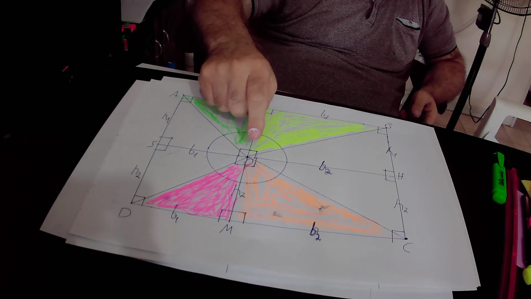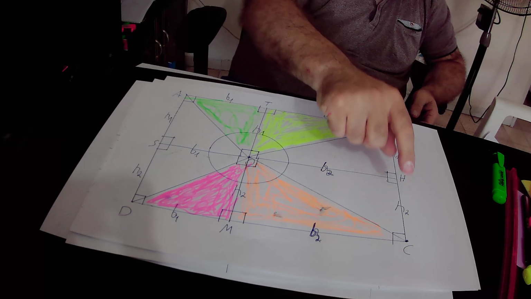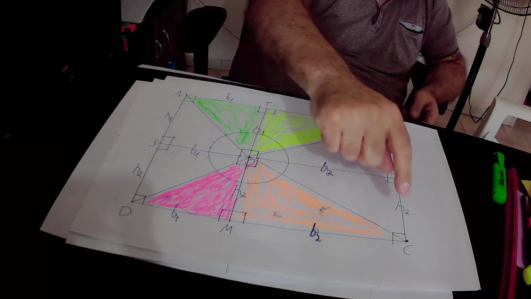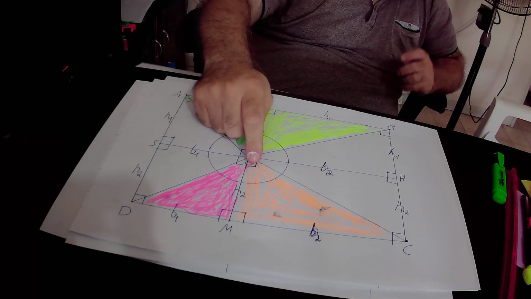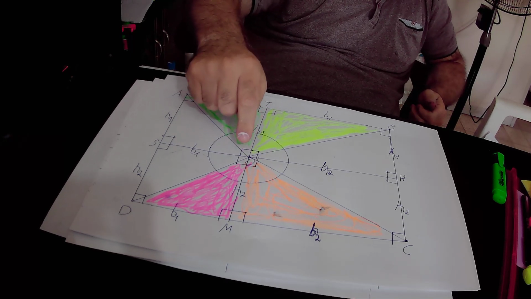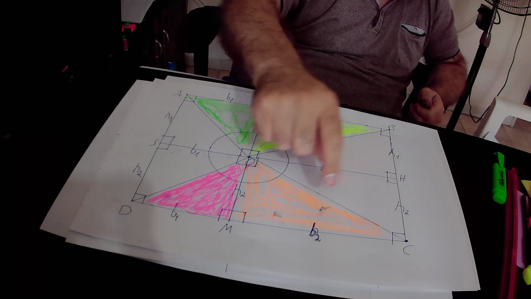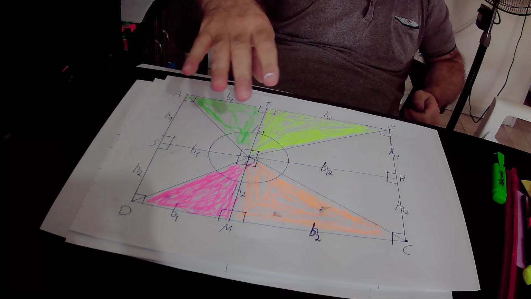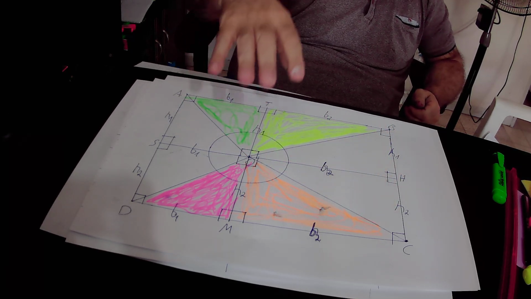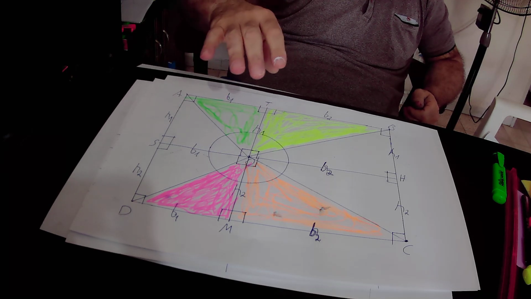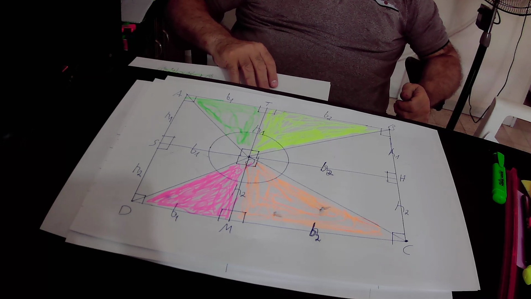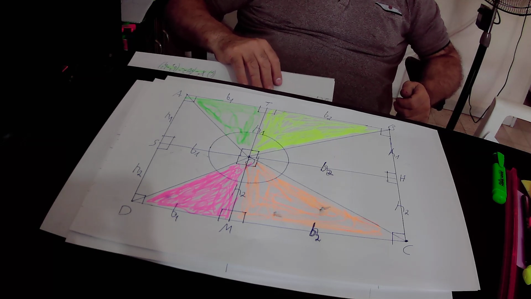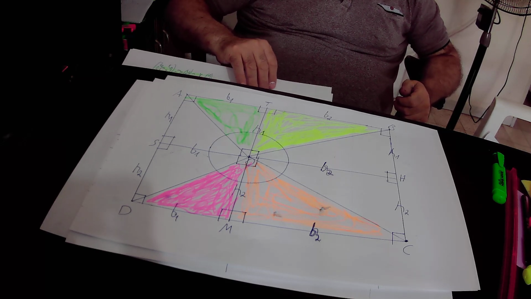And finally, in quadrangle OHCM, we have 1, 2, 3 right angles. Therefore, the fourth angle must also equal 90 degrees. Therefore, quadrangle OHCM is also a rectangle. So inside rectangle ABCD we have 4 small rectangles. And we know that the opposite sides of a rectangle are equal to each other.